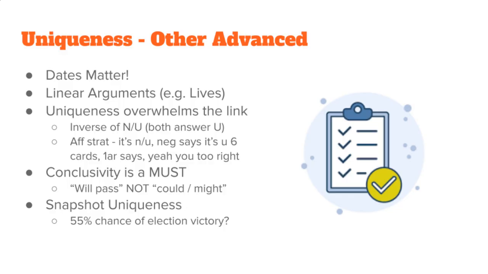However, one key thing to think about, and this is a big difference between policy and PF, PFers love to over-emphasize dates that don't really matter. Your evidence is from 2005. My evidence is from 2006. Thus, you should vote for me because my evidence is more recent and up to date. Is it really recent? Both of you are reading 20-year-old evidence.